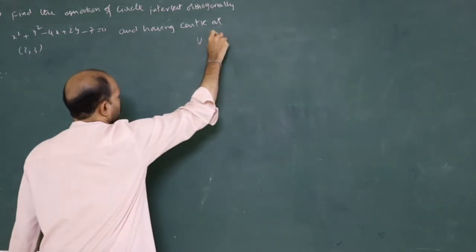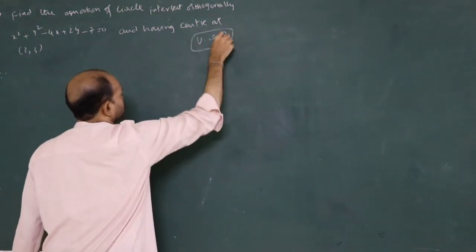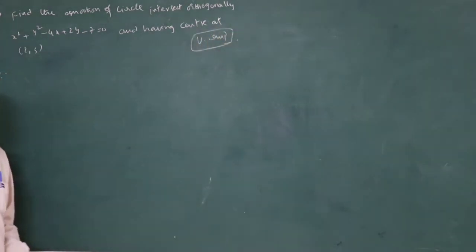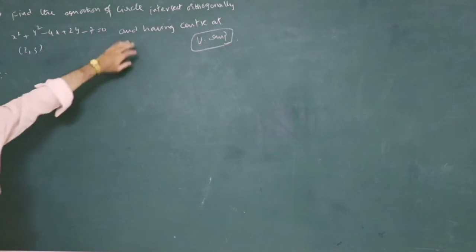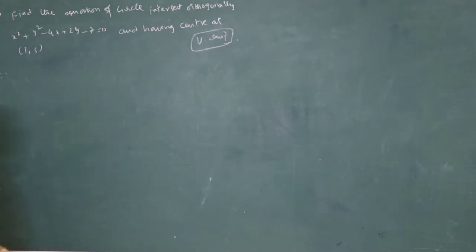This is also one of the important questions. Very important question. Find the equation of circle that intersects orthogonally the given circle and having the center at (2, 3).